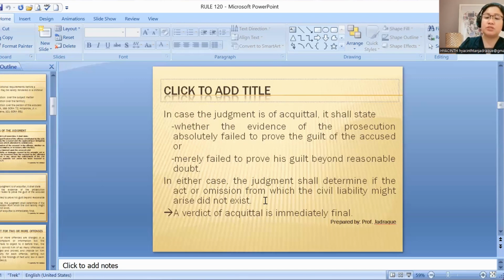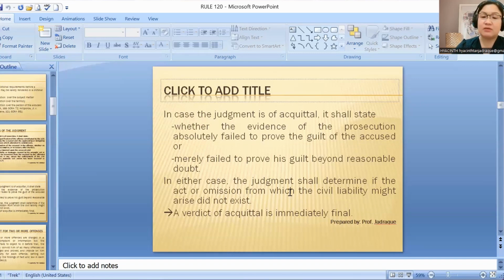In other words, while the accused was acquitted because his guilt was not proved beyond reasonable doubt, the court can still make him civilly liable. And take note that the verdict of acquittal is actually immediately final.